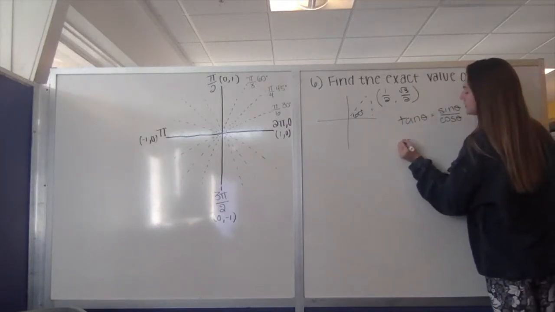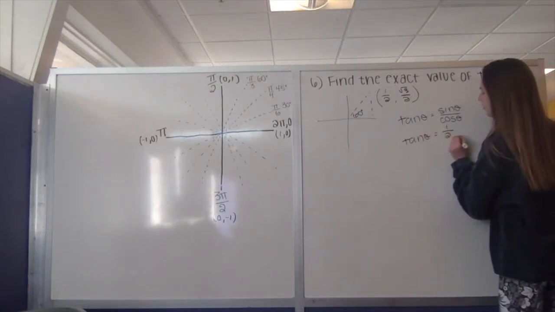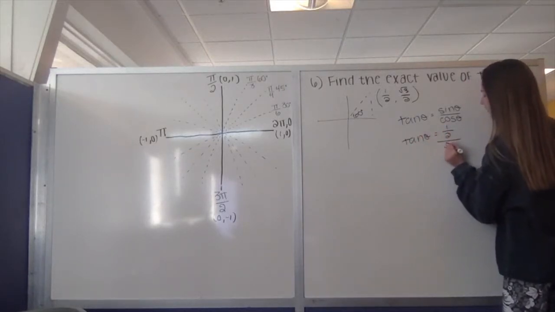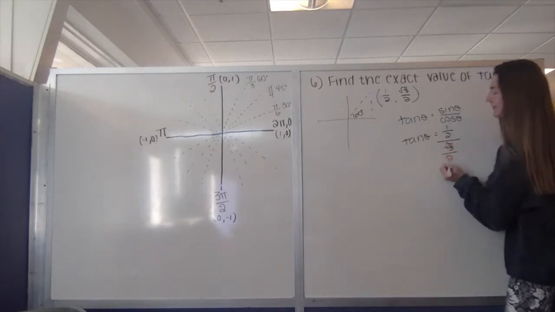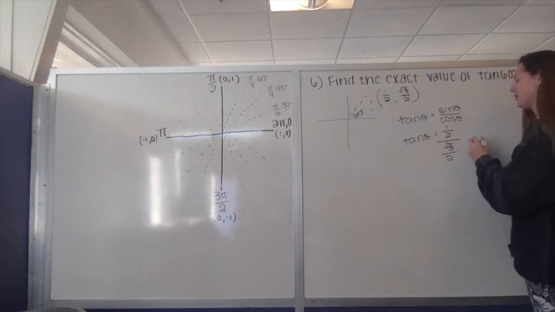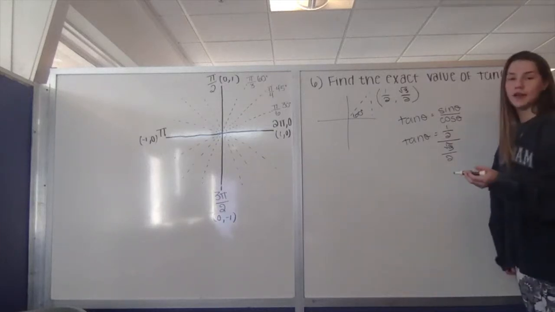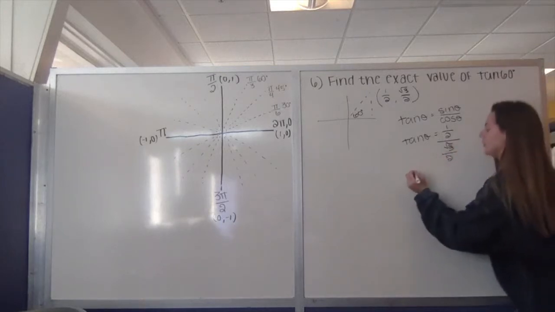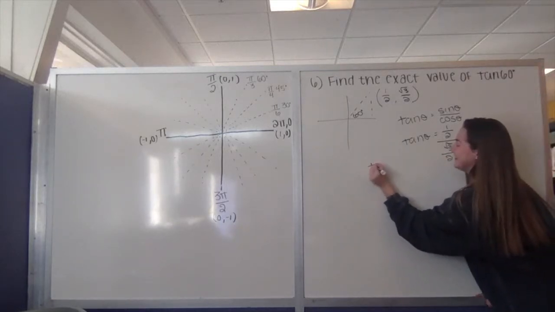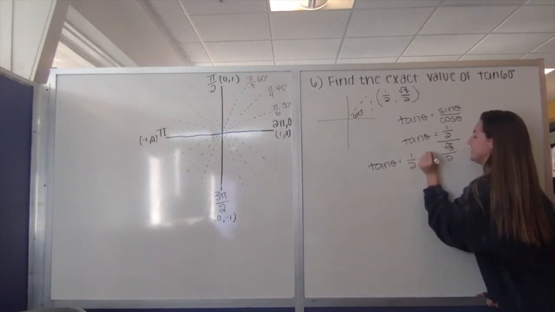So you want to do tangent of theta equals 1/2 over radical 3 over 2. So then you have to multiply by the opposite reciprocal because you can't divide by a fraction. So tangent of theta equals 1/2 times 2 over radical 3.